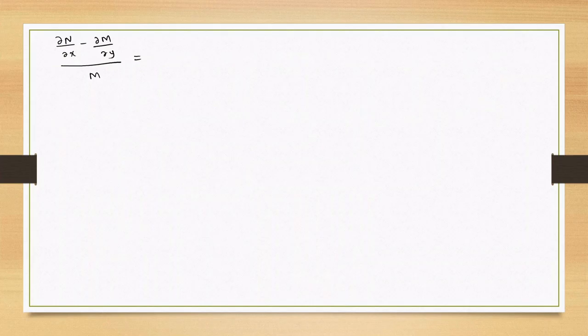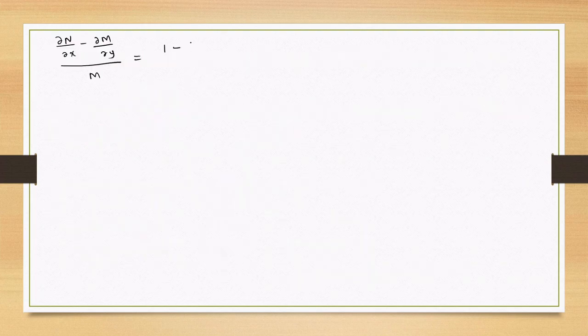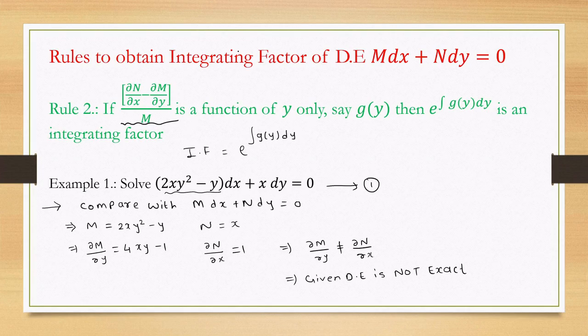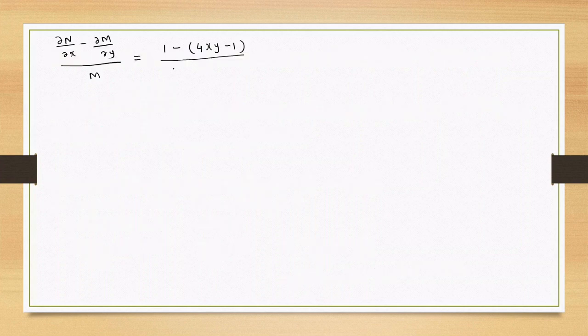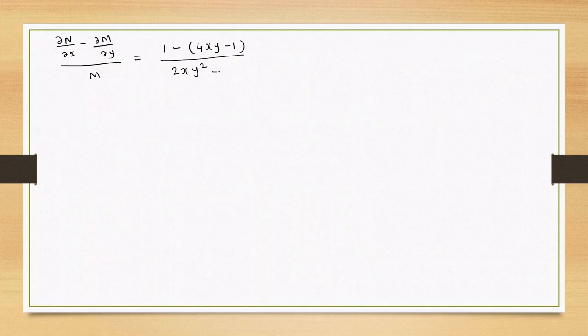It is 1 only. 1 minus, what is ∂M/∂y? 4xy minus 1, upon, what is M here? 2xy square minus y.